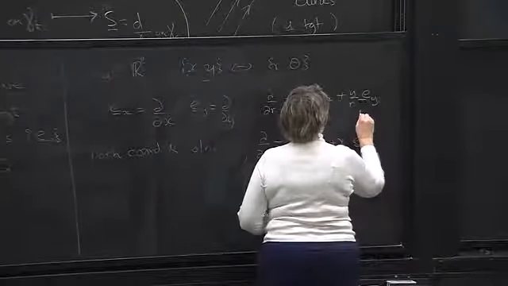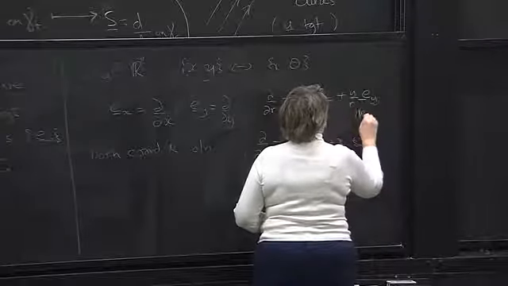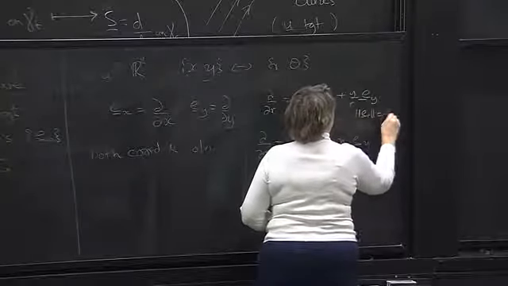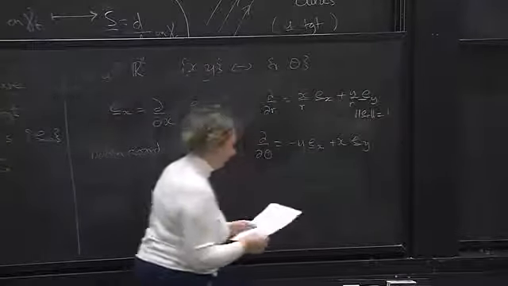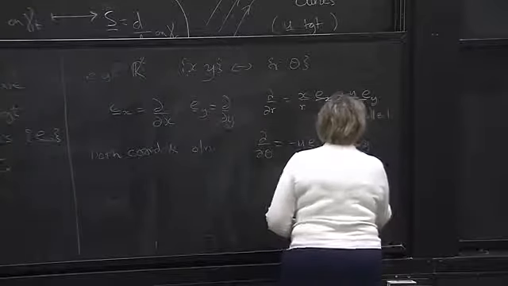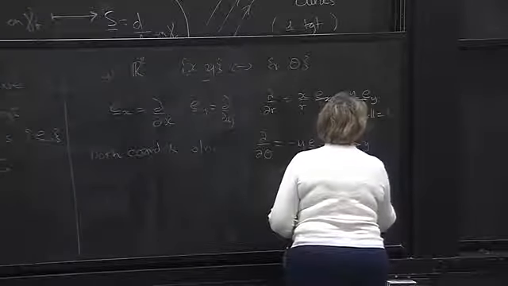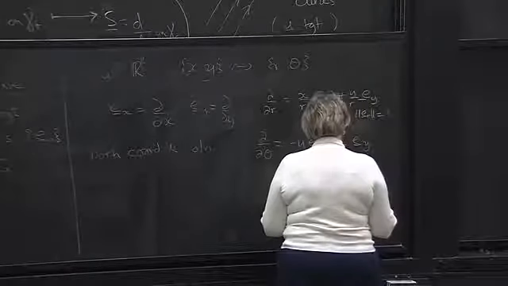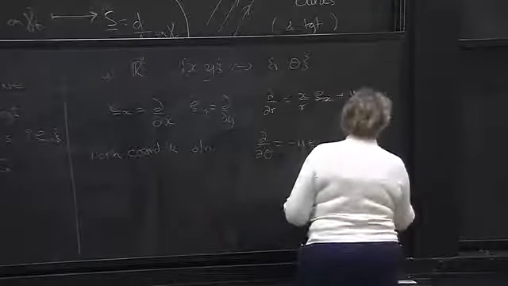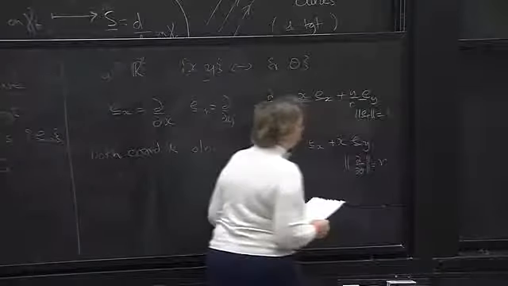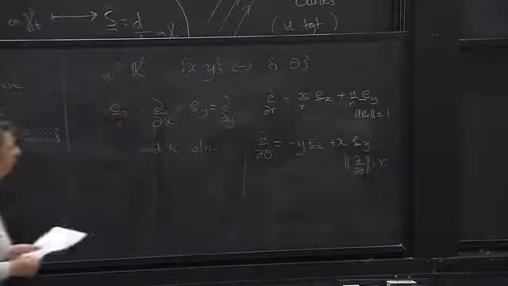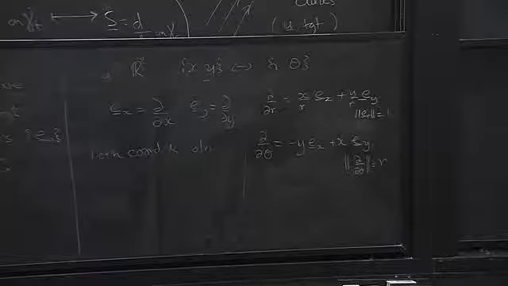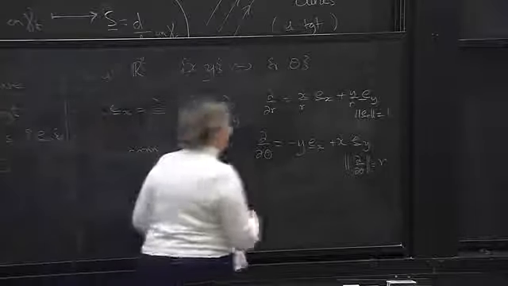So the norm of er is 1, but the norm of d by d theta, or this vector here, is r. So this is not orthonormal. It's orthogonal, but not orthonormal.